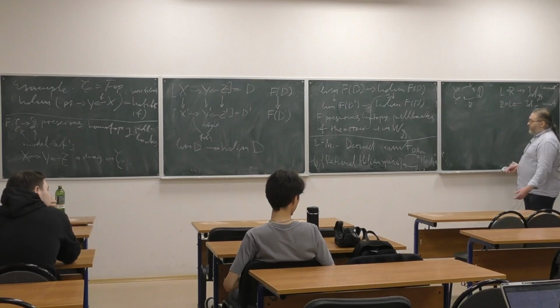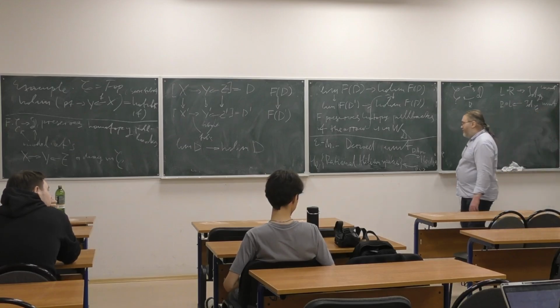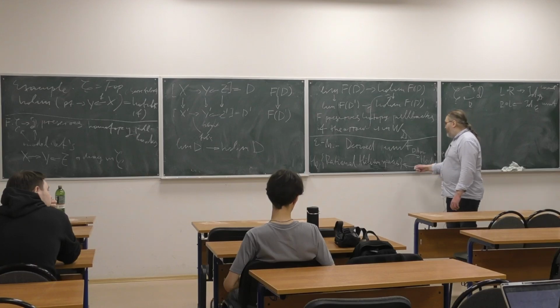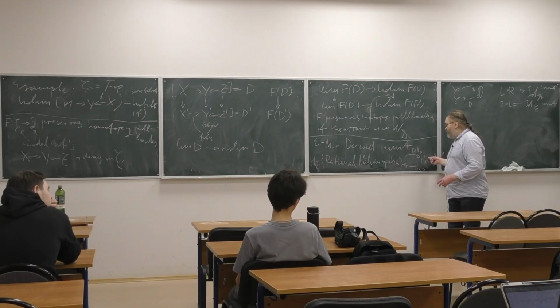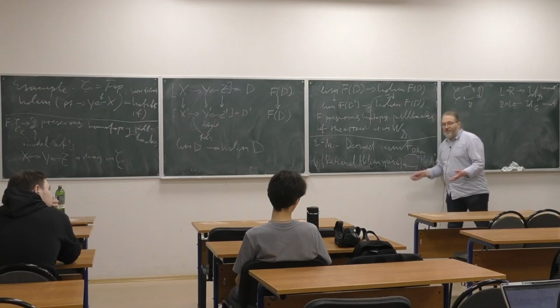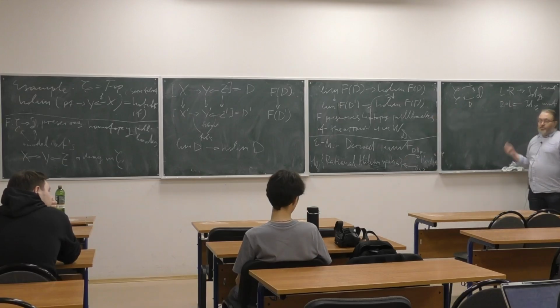Okay, so the map we want to calculate is the unit. I suppose I have a sufficiently nice space. I first go to CDGAs, and then I return to spaces. And what do I get?